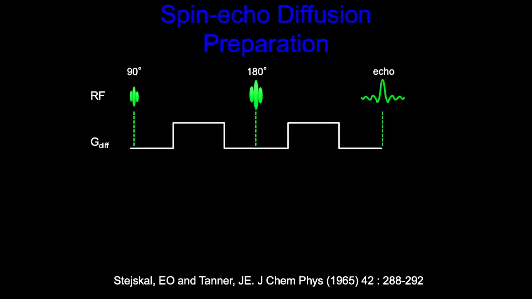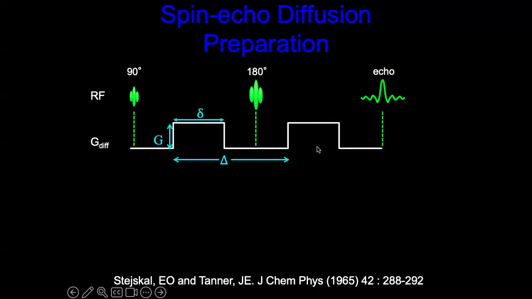But when we're doing actual MRI in human tissue, we're going to use a spin echo diffusion prep, so that we can avoid the effects of static field inhomogeneity. We're going to use a 90 and a 180, which will refocus those static field effects, and we can just have our diffusion. So now our diffusion prep looks like this. Here's the gradient that does the phase twist and the one that does the untwisting.